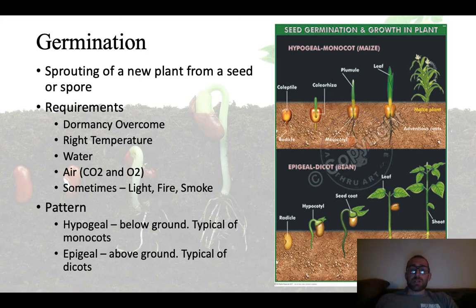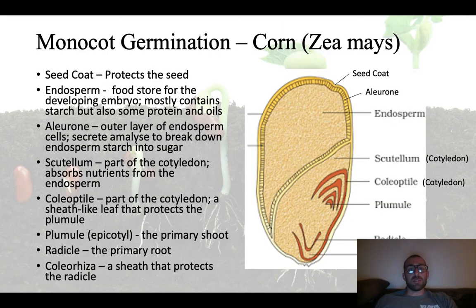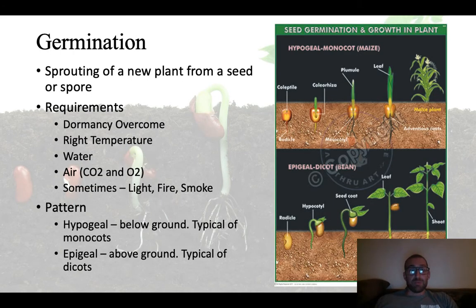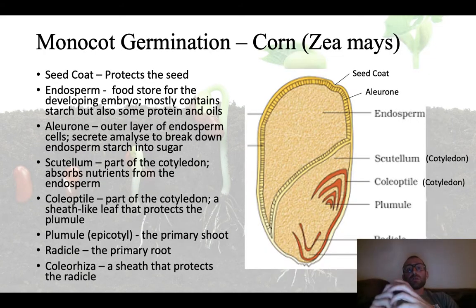So we're going to start and we're going to look at a monocot. And this monocot is going to do hypogeal germination. But we're going to start in the beginning. We're going to look at the seed, right? Because, again, germination is the sprouting of a new plant from a seed. So let's look at a typical monocot seed, and we're going to look at our corn seed here.